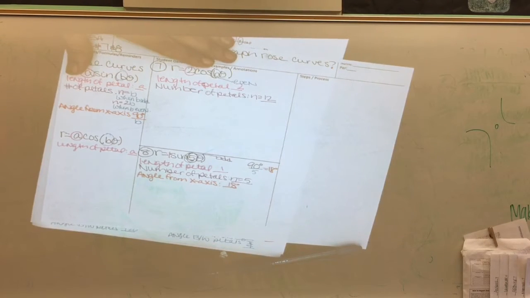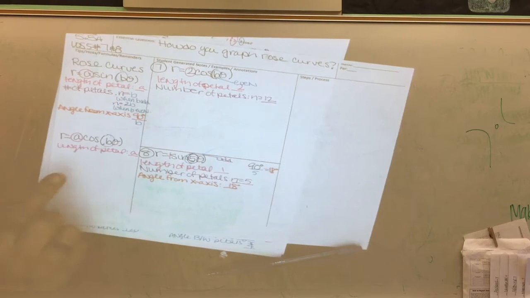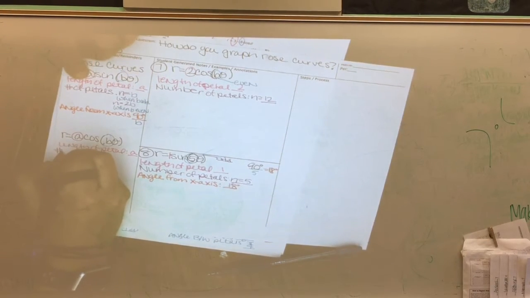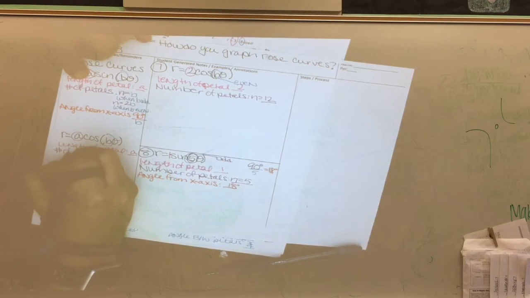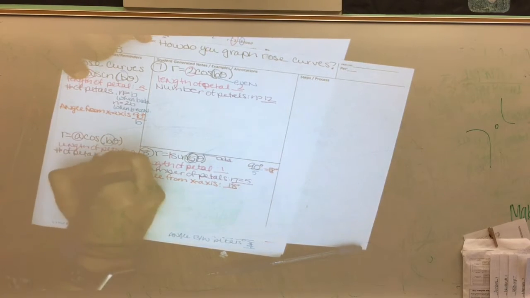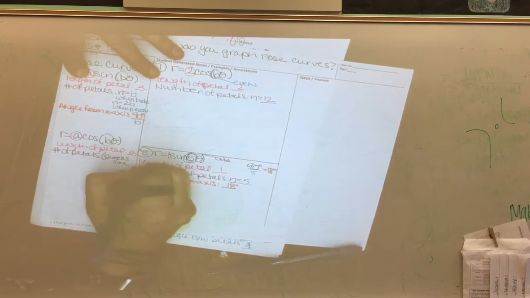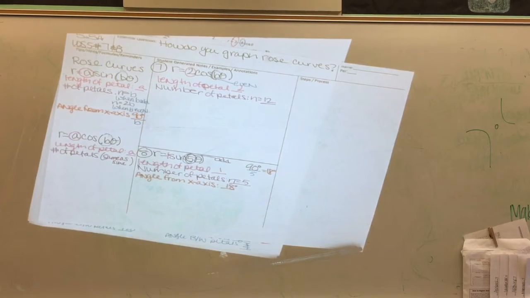Okay, then, so the number of petals is the same for this one. Number of petals, same as sine. Okay. The angle, though, from the x-axis is different.